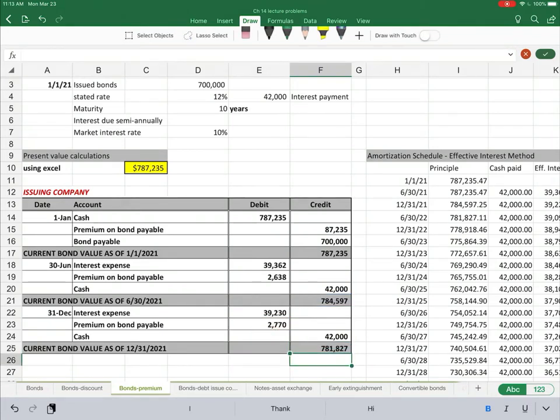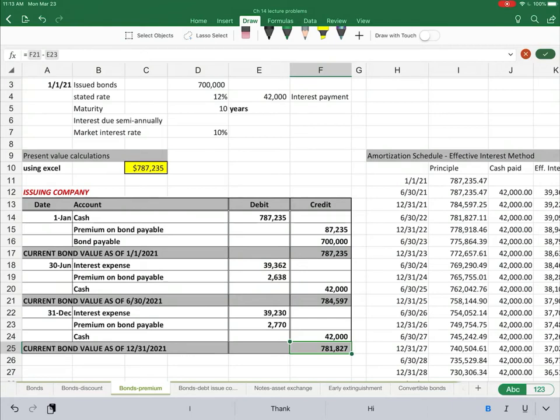So if we were making financial statements as of December 31st, 2021, we would see a bond payable on our balance sheet in the liabilities section, and it would be worth $781,827.